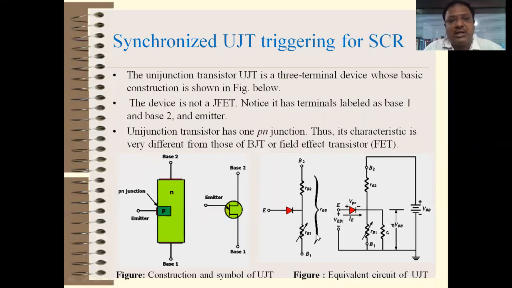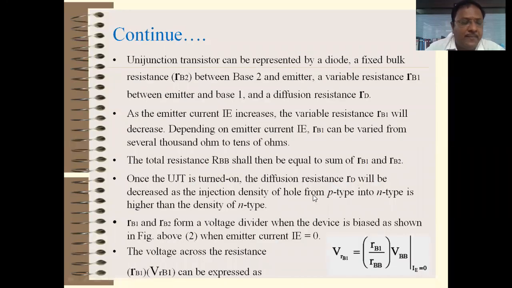So the unijunction transistor has one PN junction, thus its characteristics are very different from those of BJT and field effect transistor. Unijunction transistors can be represented by a diode with fixed bulk resistor RB2 between base 2 and emitter, and variable resistance RB1 between emitter and base 1, and a diffusion resistance RD that is not shown but is very small.